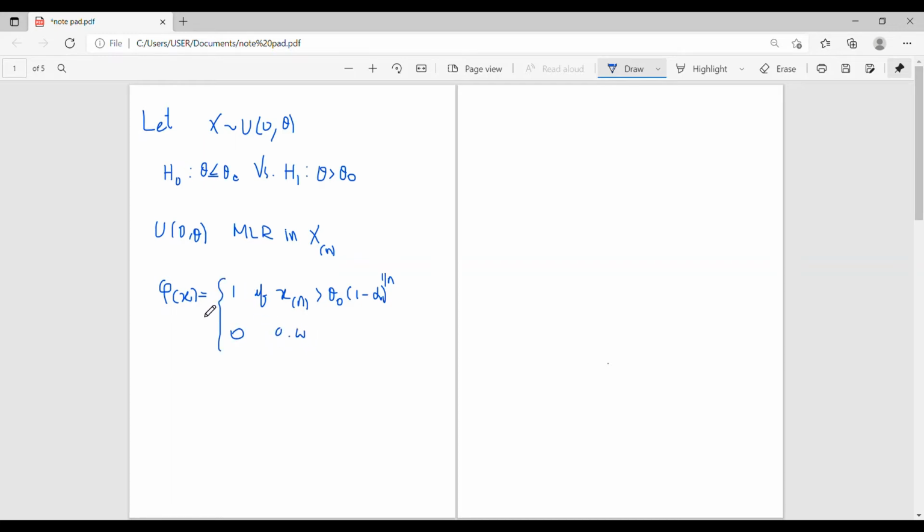Okay. So phi of x is the UMP test of size alpha for testing H0 against H1 and is obtained using Karlin-Rubin theorem.